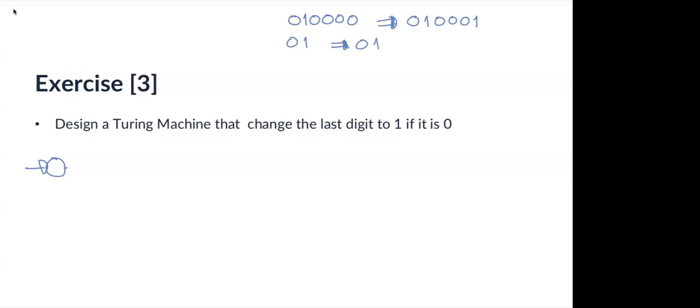In this case, we will need to go to the rightmost of the input tape. It means we will move to the right every time we read 0 or 1, because our goal first is to go to the rightmost of the input. If we have reached the rightmost, which means we read delta, we will go back to the last symbol, so we will move to the left.